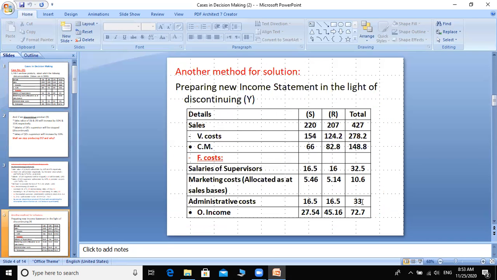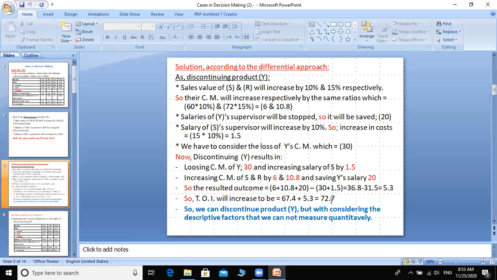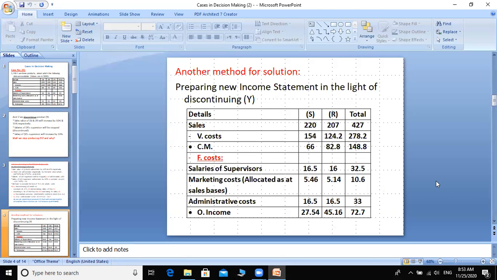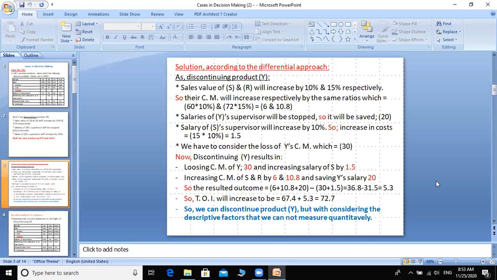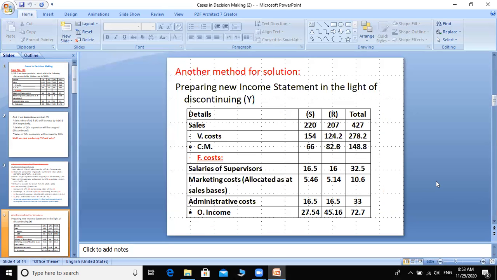The 33 will be distributed between S and R. The 10.6 will be distributed between S and R. The result will be 72.7, as we told you here, 72.7. So instead of preparing a new income statement, which may be in more detail than this, we solved it using the differential approach. But here, this is the statement, and the result is the same.